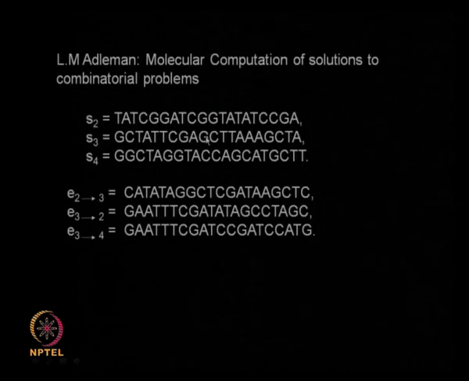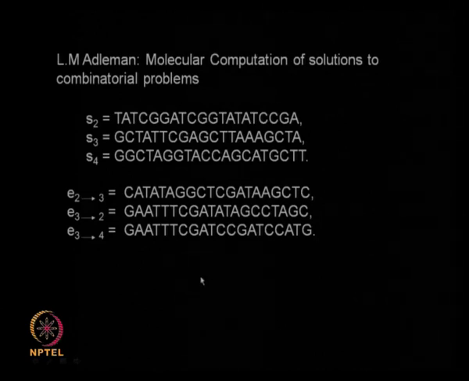The second half of that is this. The complement G, A, etc. will be the first part of this, and the complement of the first part of S2, which is ATA, this portion, that will be the second portion of the edge from 3 to 2. Similarly, the edge from 3 to 4 can be defined by a 20 letter sequence.